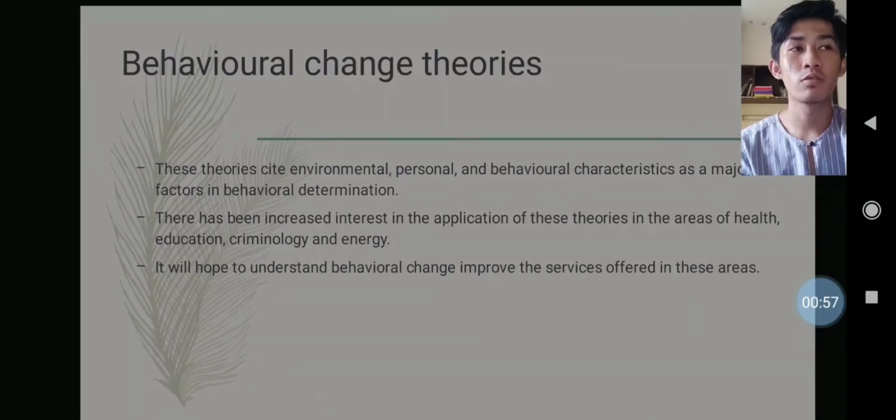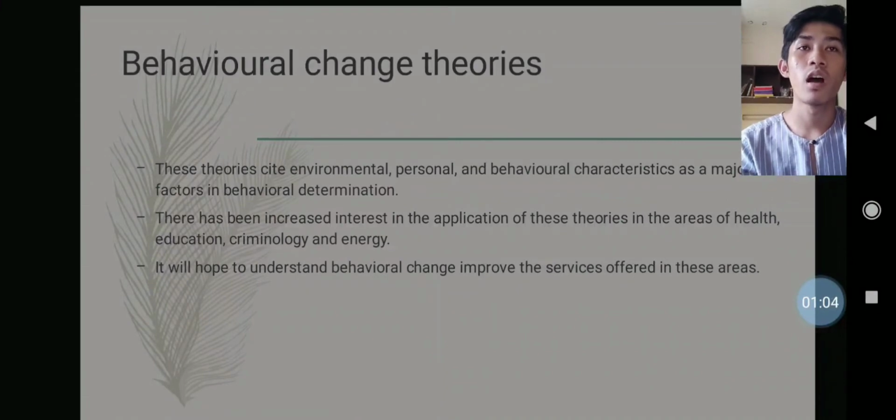Some scholars have recently introduced a differentiation between the model of behavior and the theories of change, whereas models of behavior are more diagnostic and geared toward understanding the psychological factors that explain or predict a specific behavior.